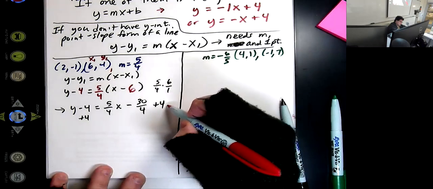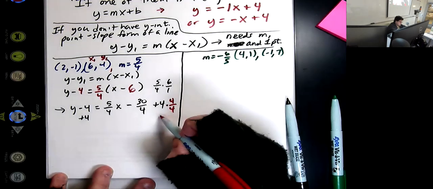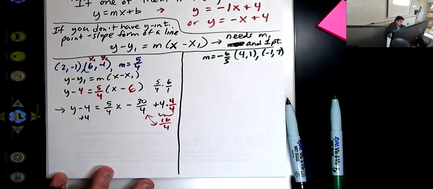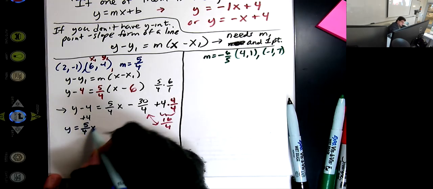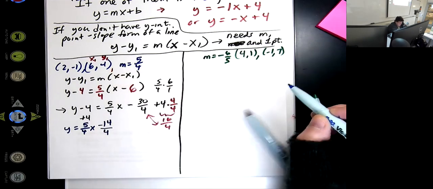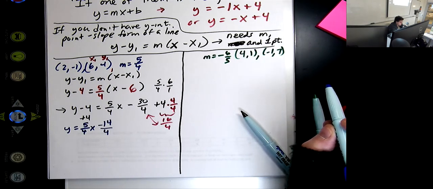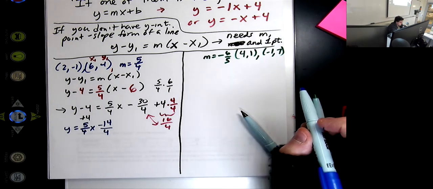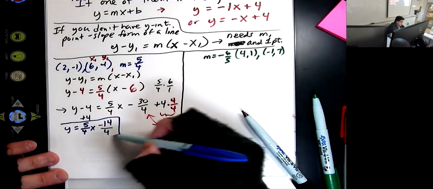I'm gonna rewrite 4 by multiplying this by 4/4, so I have a common denominator. This will be 16/4. And then I can add it to that. And when I do that, I get y equals 5/4 x minus 14/4.